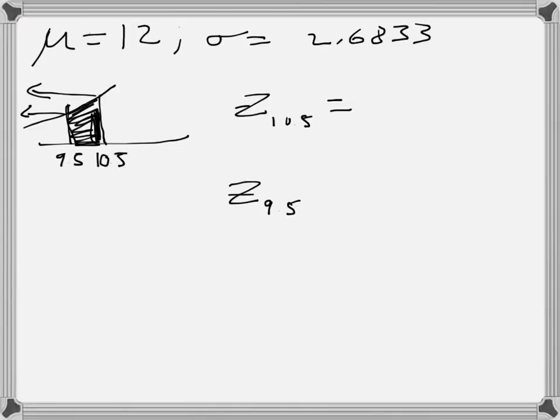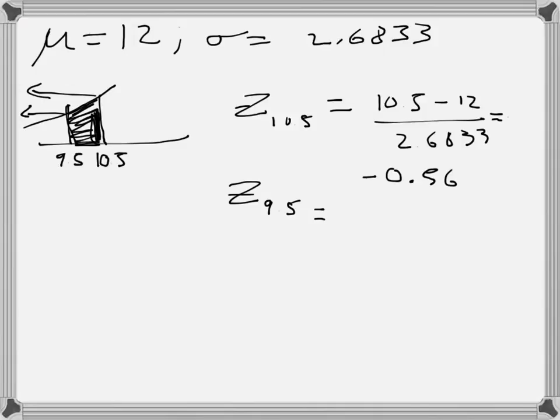Our z of 10.5 is 10.5 minus the mean of 12 divided by 2.6833. And this, if I round to the hundredths place, is negative 0.56.